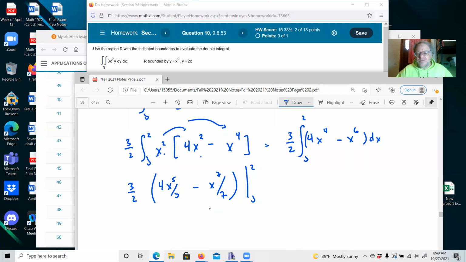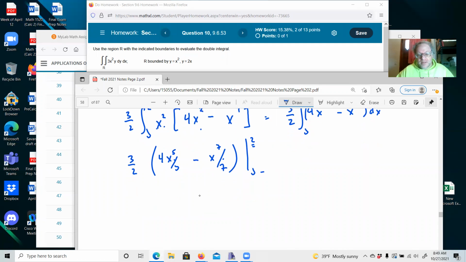When I plug in 0, we get 0 and 0, so this part here is just going to be 0. So we really have to face when x equals 2. Okay, so we have 3/2 times 4/5 times 2 to the 5th minus 1/7 times 2 to the 7th.